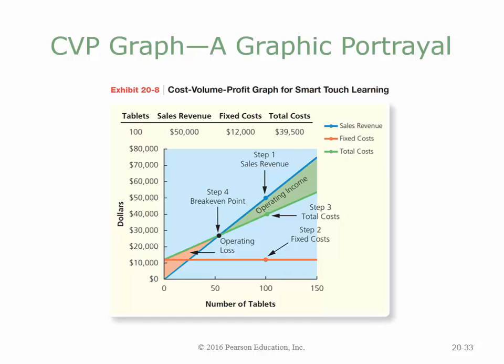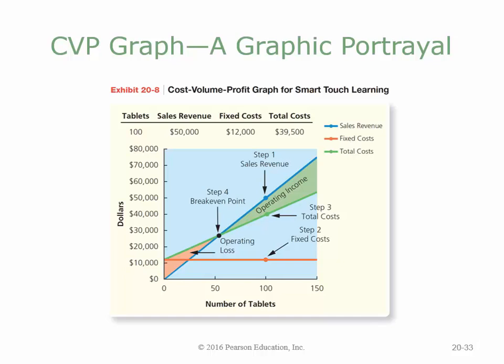Second, they graphed their fixed costs. They were $12,000. Regardless of the number of units, that fixed cost is always $12,000. Third, they graphed their total costs, which is the fixed cost plus the variable cost. So you'll notice it starts at the fixed cost, and then it goes up in that way.